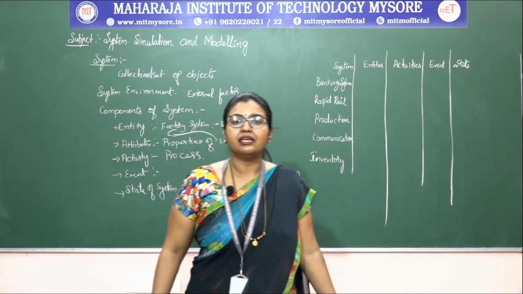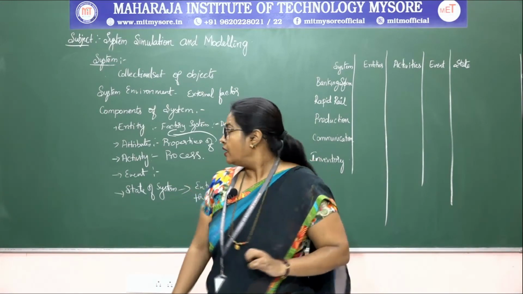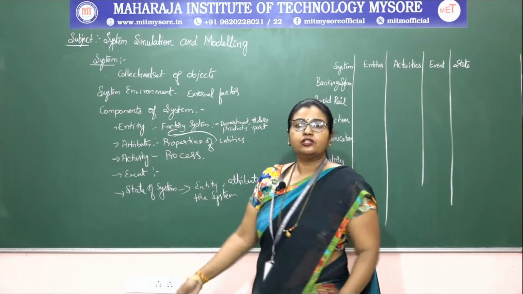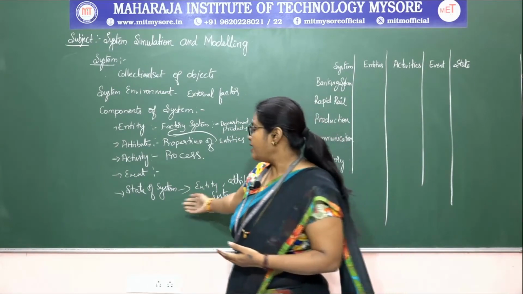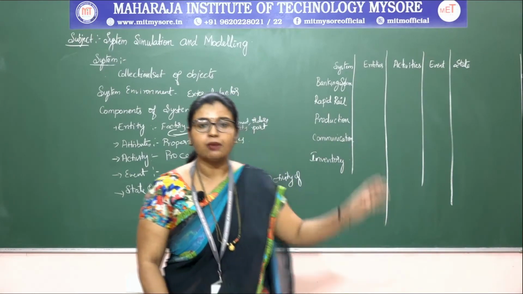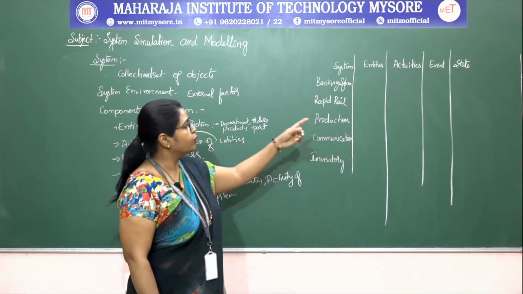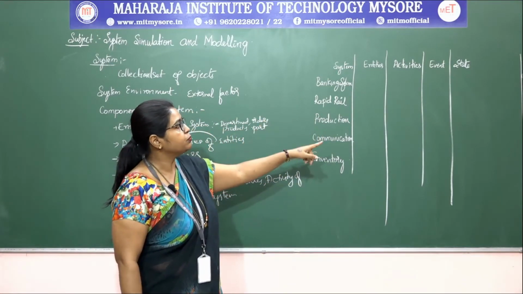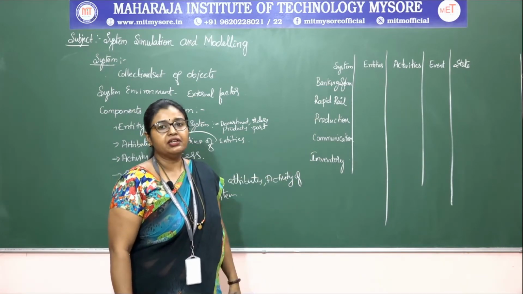The state of the system is nothing but the entity, attribute and activity collectively. Okay, so here I have listed some systems. Let us discuss what the entities, attributes, activities, events and state of the given system are.